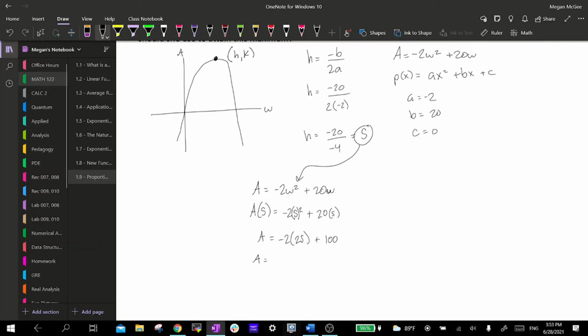Well, negative 2 times 25 is negative 50, plus 100. Area is going to be 50 feet squared. All right, 50 feet squared is our area.